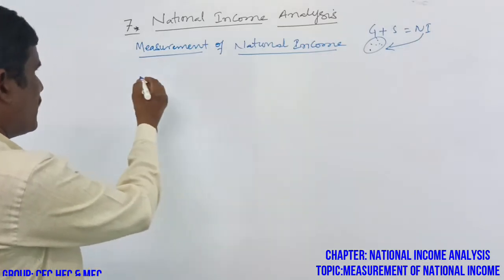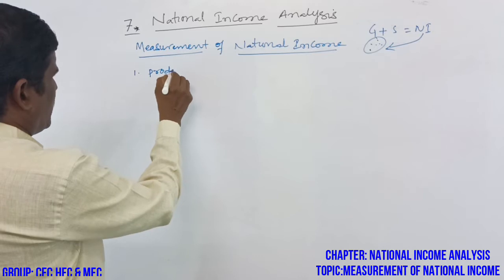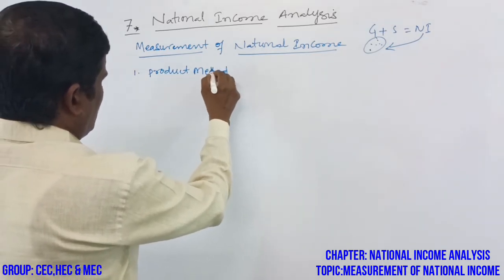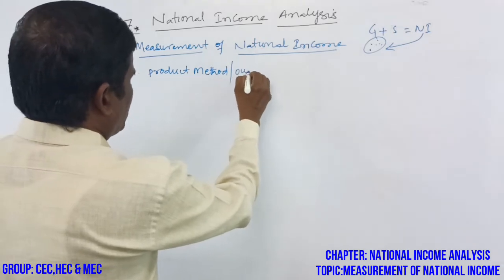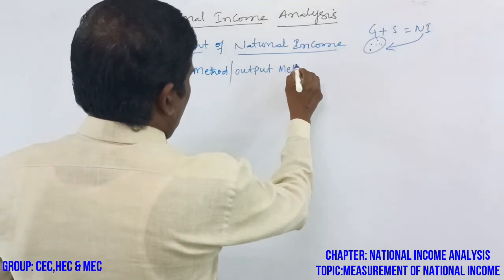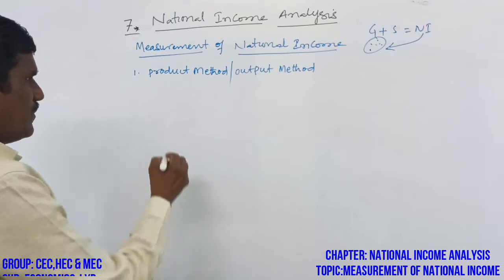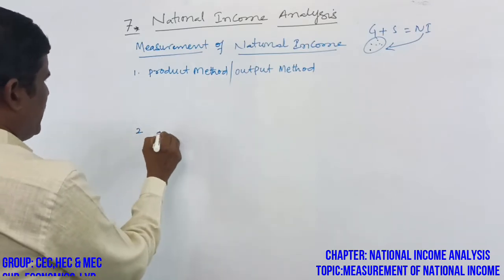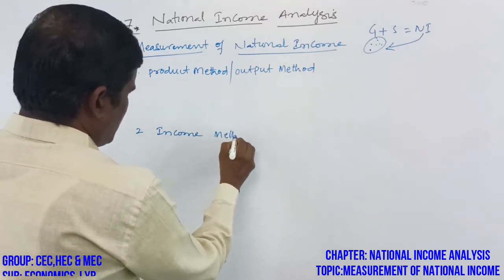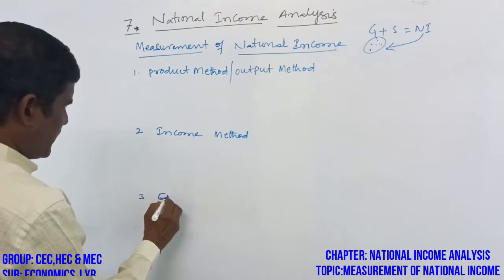The measuring methods are: one, the product method or output method; second, the income method; and the third one is the expenditure method.